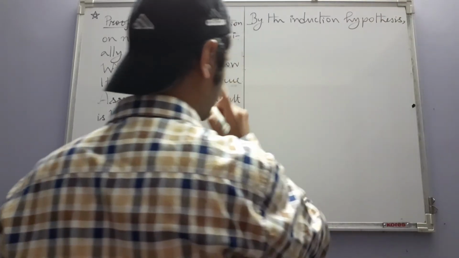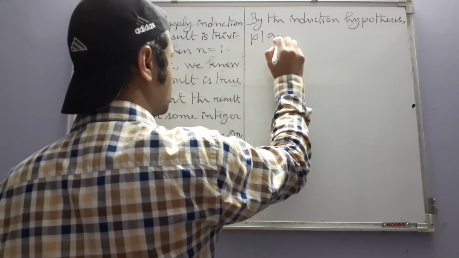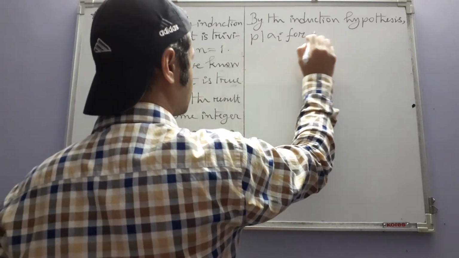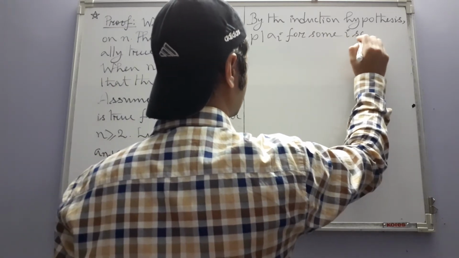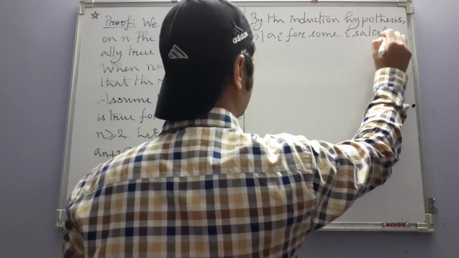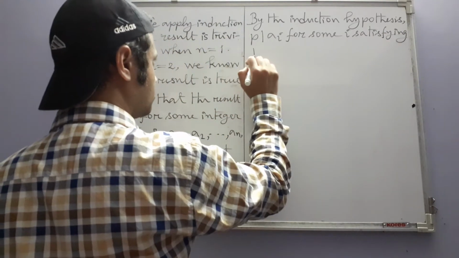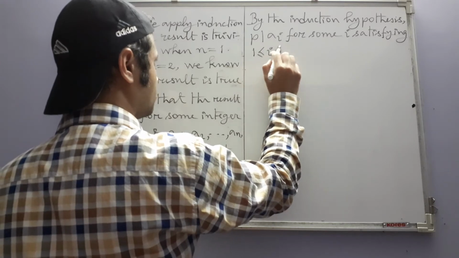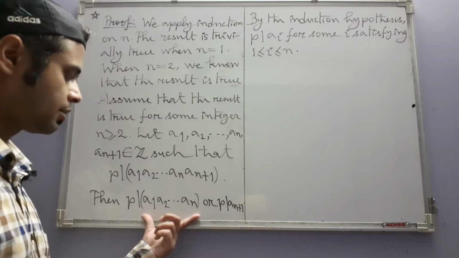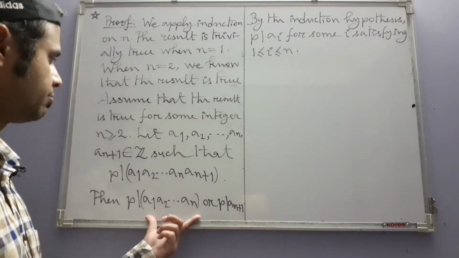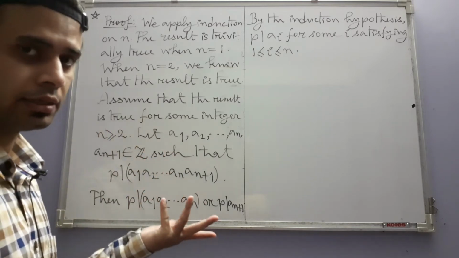By the induction hypothesis, P divides A_i for some i satisfying this, because this is a product of n integers and we have assumed that the result is true for a product of n integers.